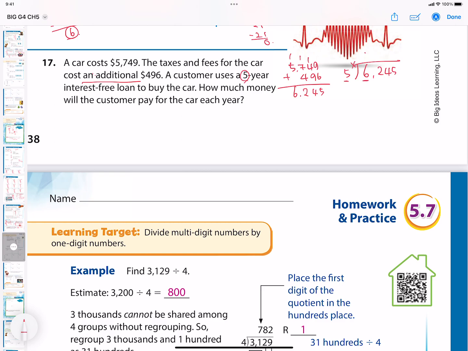Yes, 5 can fit into 6 by 1. Take away 1, bring down 2. 5 times 2 is 10. Take away, bring down 4. 5 times 4 is 20. Take away, bring it down. Now 5 times 9 is 45. Take away, nothing left. So the answer is $1,249 per year.